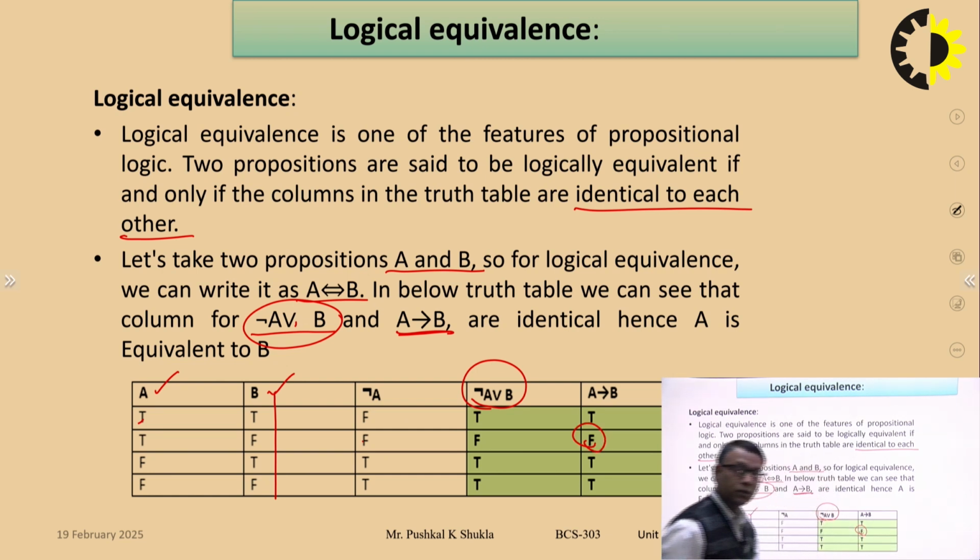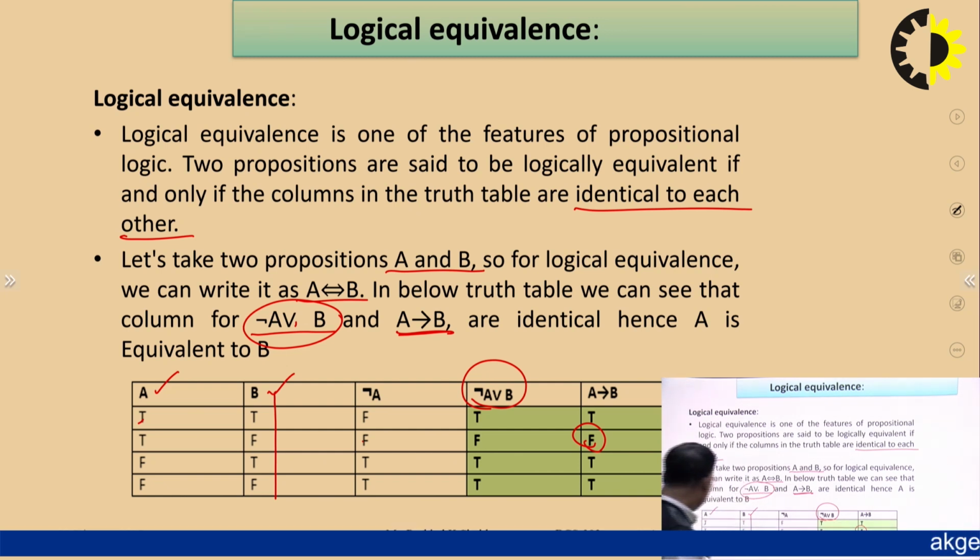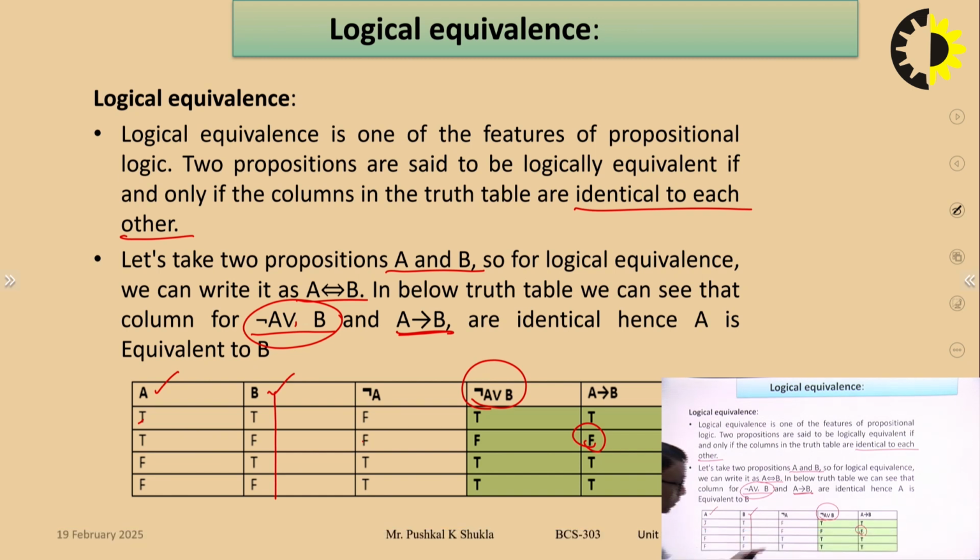This is A implication B, otherwise it is true. So, if conclusion and condition both are true, then it will be true. If condition is true and the conclusion is false, then it becomes false. If condition is false and conclusion is true, then it is true. And if both condition and conclusion are false, then it will be true.